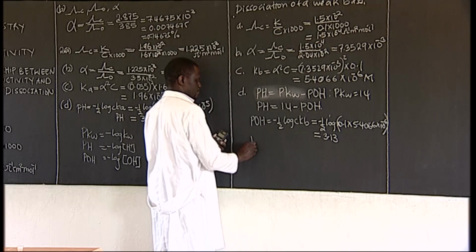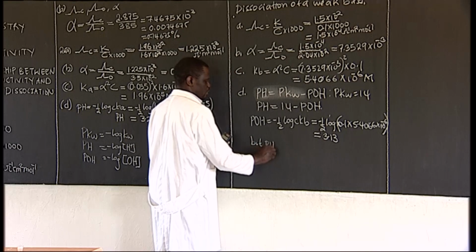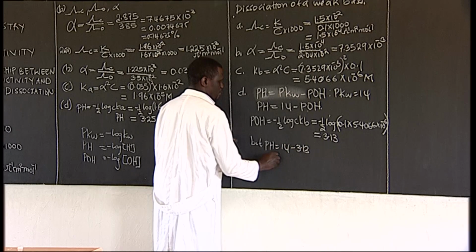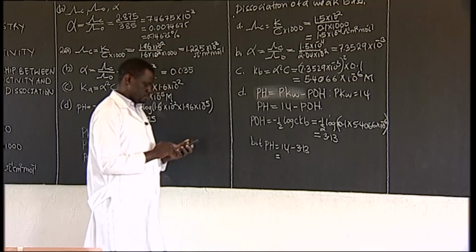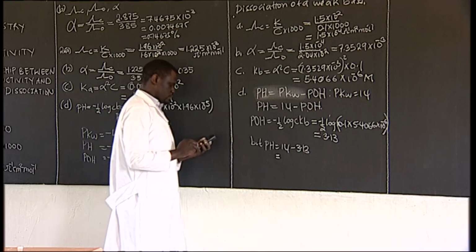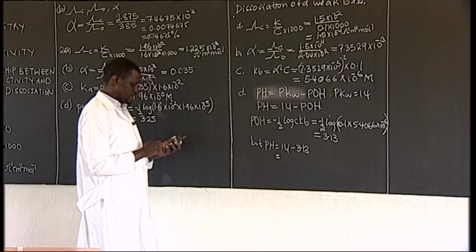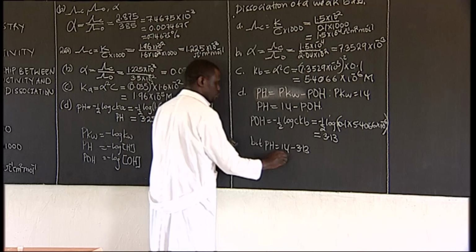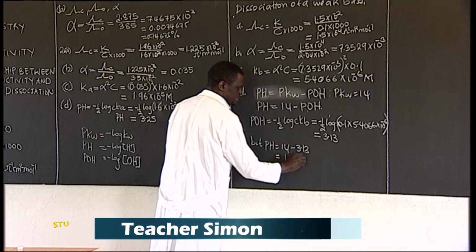But pH is equal to 14 minus 3.13. So our pH will equal 10.87.